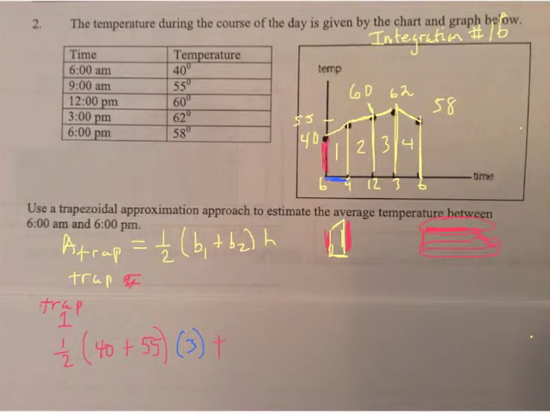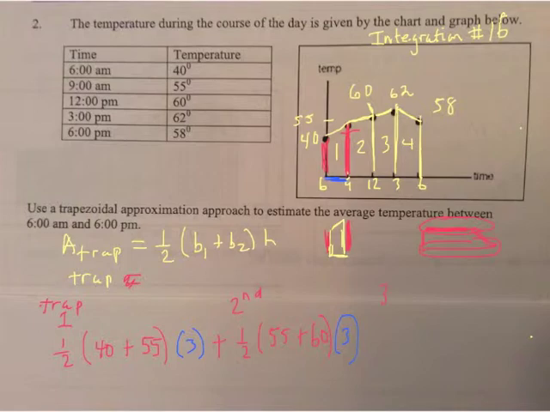The second trapezoid, well, it's 1/2 the sum of the bases, and I now have 55 plus, because I'm using that 55 both in the first trapezoid and in the second trapezoid, so 55 plus 60, times, again, the height, which is 3.